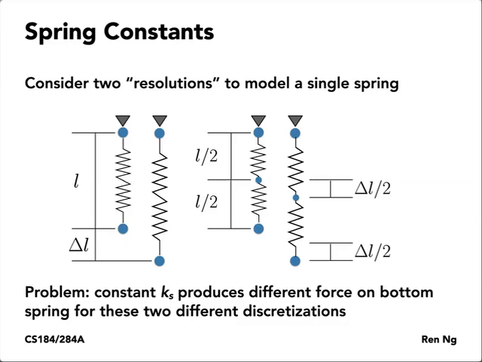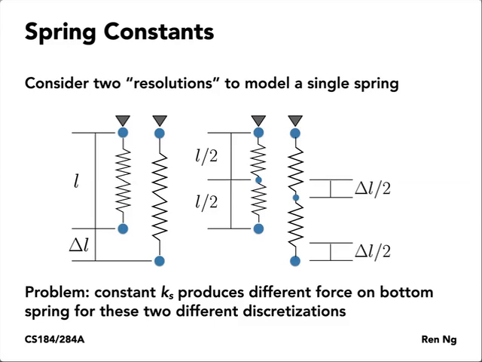That's shown here. So if you have one spring of length L, and if we want to double the resolution, let's say one segment of a mass spring system with rest length L, if we consider doubling the resolution, what that says is that we'll have two segments of spring elements here, each of length L over 2.